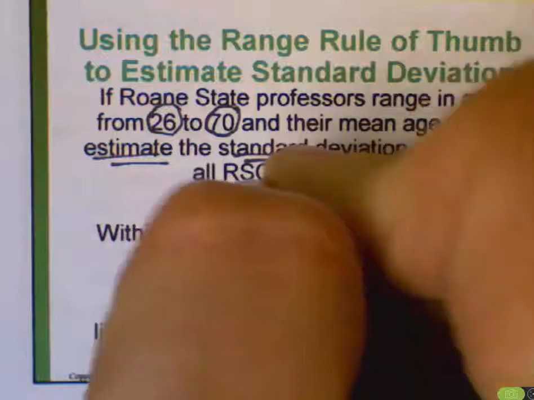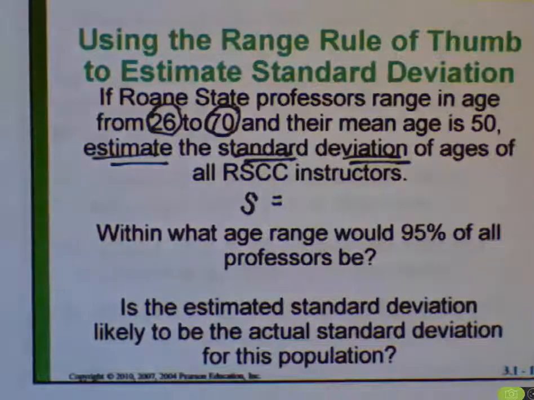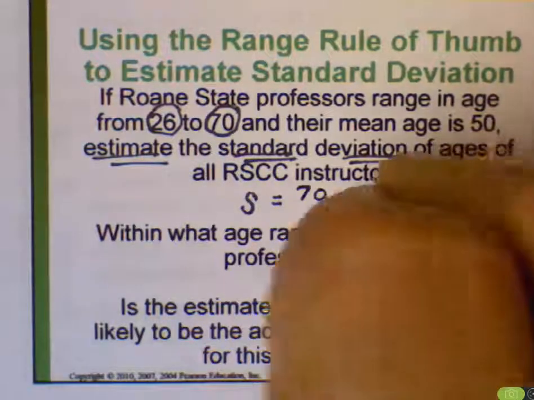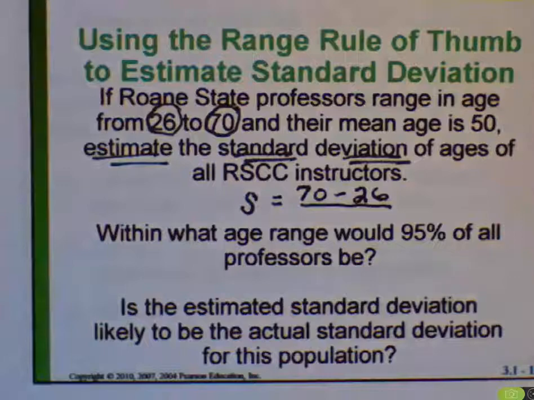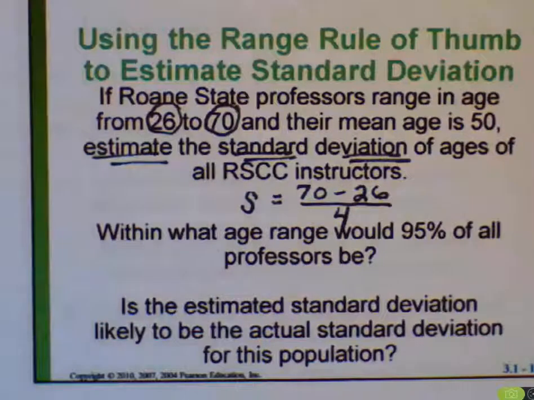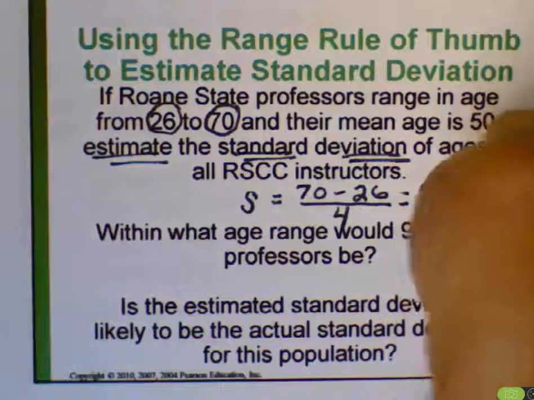So the range rule of thumb says the very best I can do is find that age range by subtracting 26 from 70 and then divide by 4. The 4 was just in the formula. 70 minus 26 is 44.